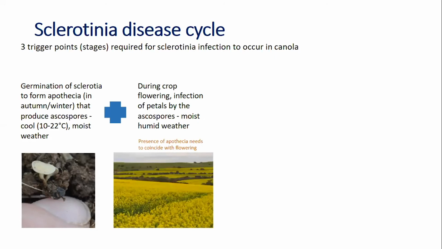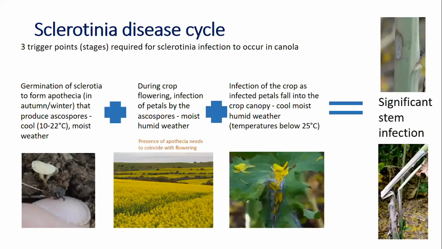The next thing required is that the petals need to be infected, so this requires crop flowering to coincide with the presence of apothecia for infection to occur, and it has to be moist, humid weather at that time as well. The third thing that's also required is infection of the crop, the infected petals falling into the crop canopy. It needs to be cool, moist, humid weather.